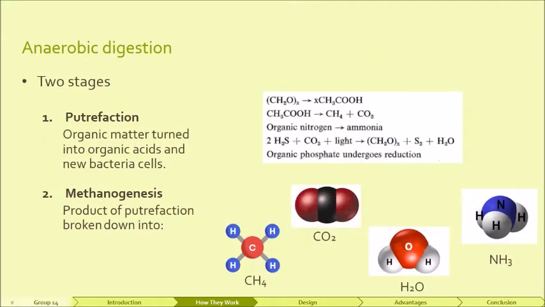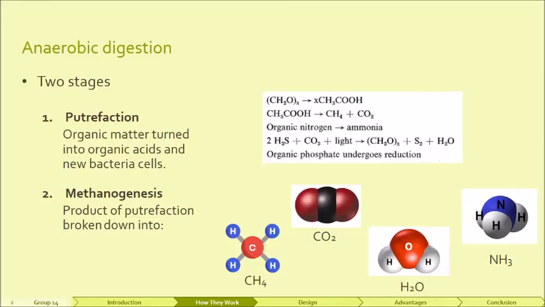Changdon describes anaerobic digestion as a two-stage process. The first stage is putrefaction, which is the bacterial degradation of organic matter into organic acids and new bacterial cells, which can be seen in the chemical equations where the organic matter, CH2O, is reacted with bacteria to form 2Q, an organic acid.